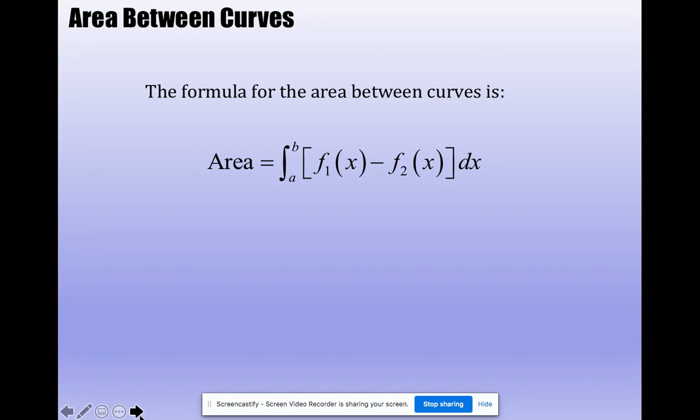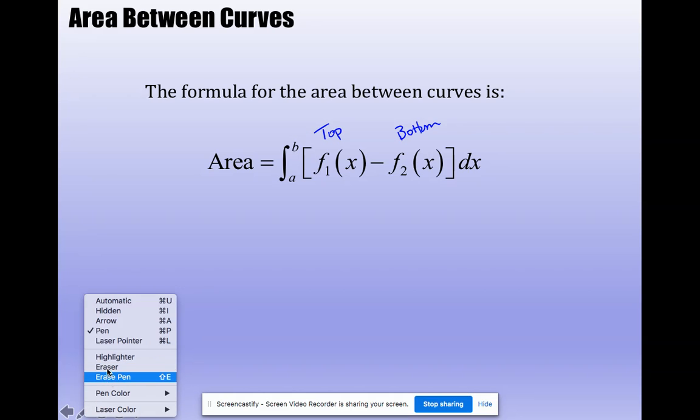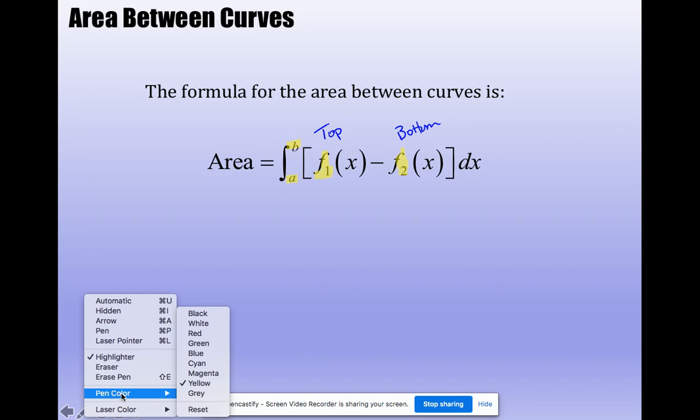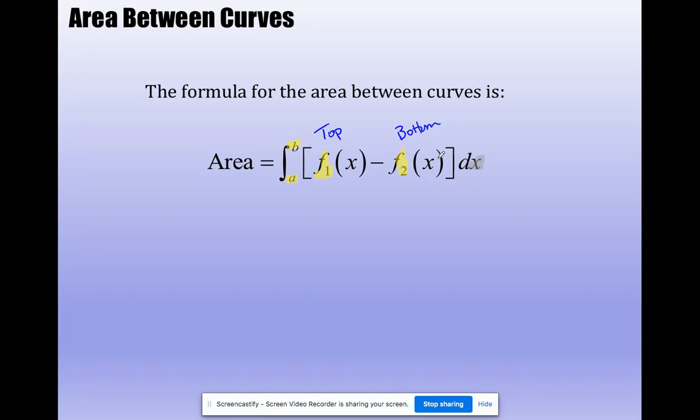So here is one of the formulas for the area between two curves, given that the top function and the bottom function never change from A to B. Also notice that this formula is all in terms of x.